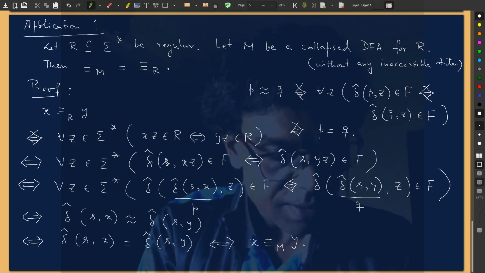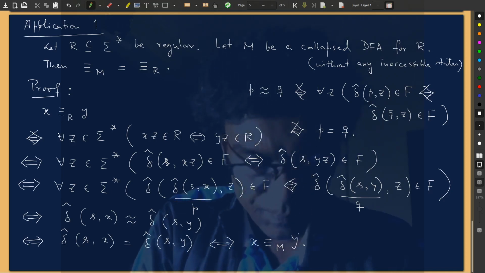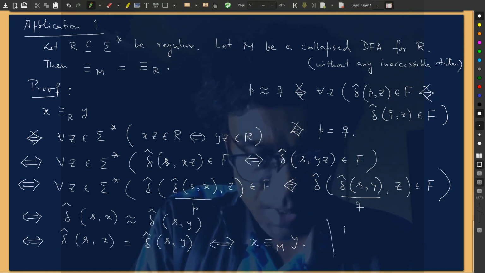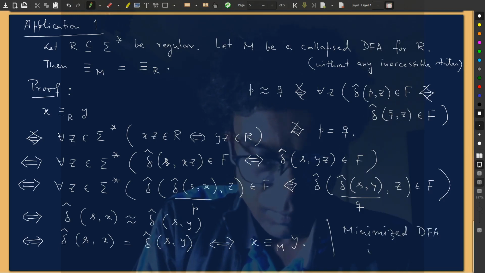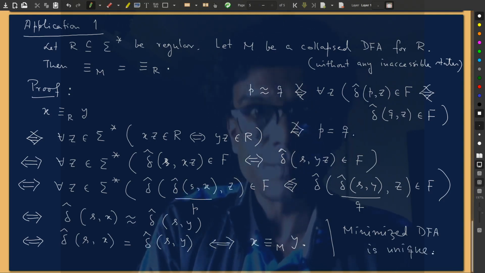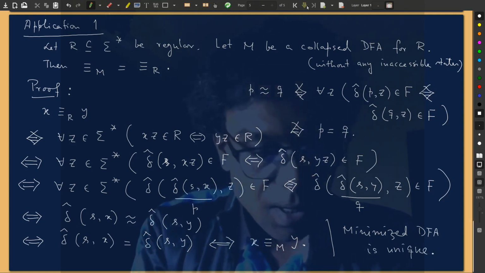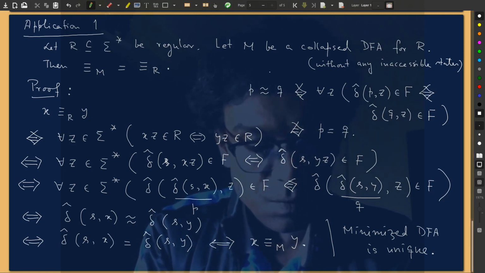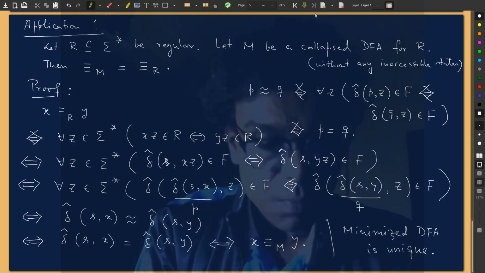This is defined in terms of this language, and therefore it follows that the minimized DFA is unique. And of course here uniqueness is up to isomorphism. Okay. And so that's the big thing that we wanted to prove. The final proof is now ready.